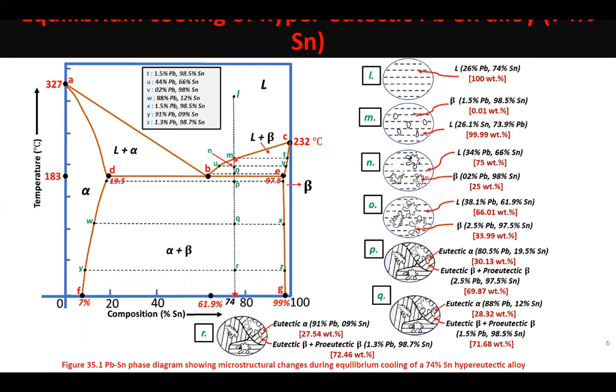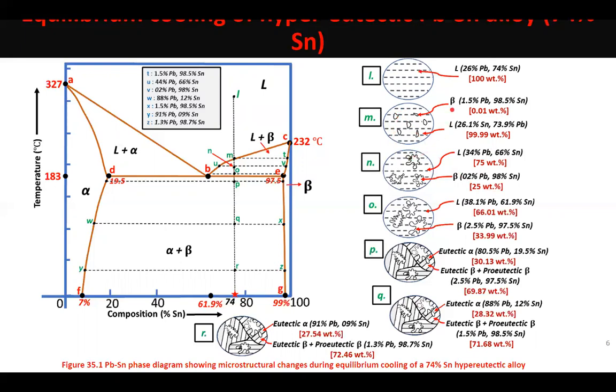Then as the cooling solidification proceeds and temperature falls from point M till point N, now at point N, at a lower temperature, the amount of solid phase has increased from 0.01% to 25%. Importantly, these critical nuclei have grown and taken the shape of dendrites.